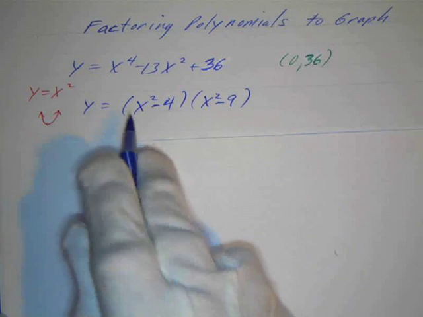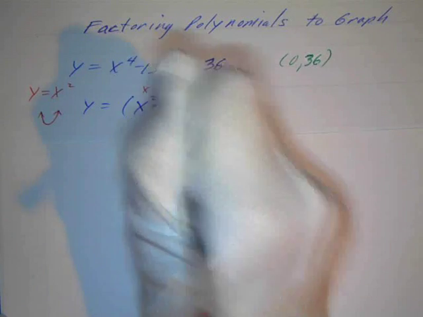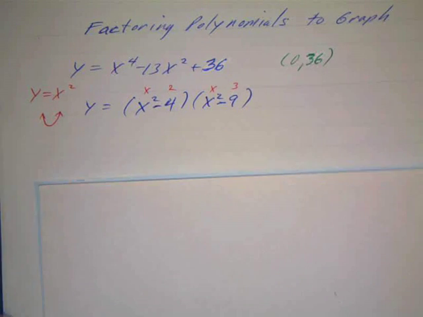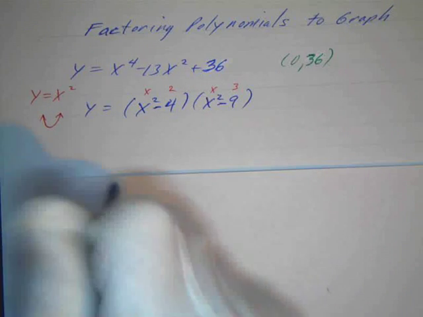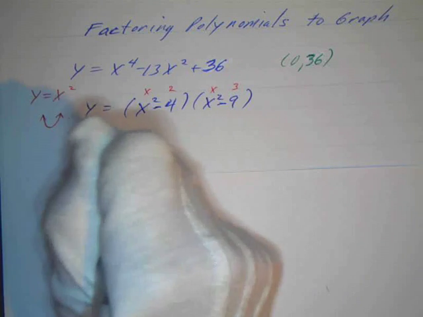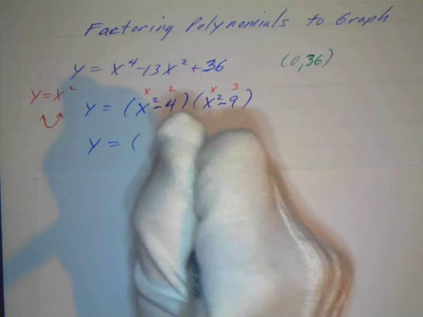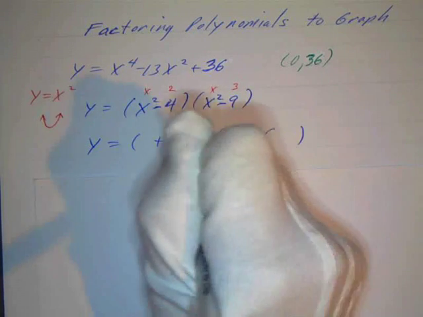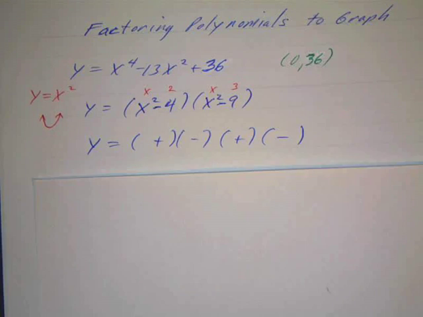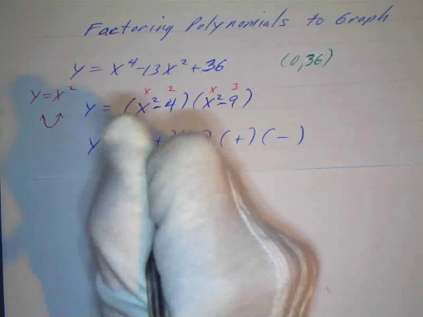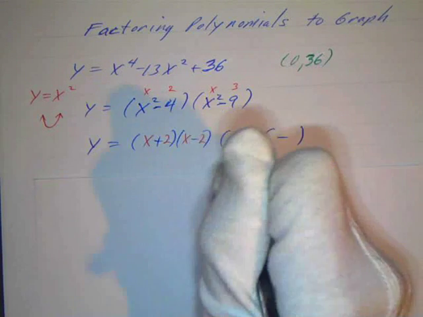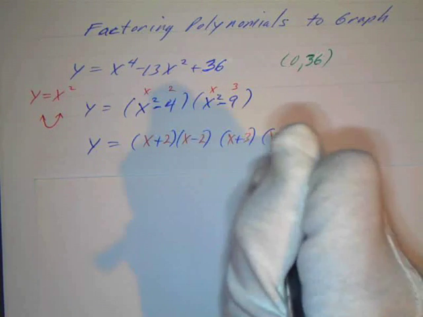Okay, but now we should notice that each factor is a difference of perfect squares. The square root of x squared is x, and the square root of 4 is 2. The square root of x squared is x, the square root of 9 is 3. So each factors into the product of the sum and difference of these. So y will equal x plus 2 and x minus 2, and x plus 3 and x minus 3.